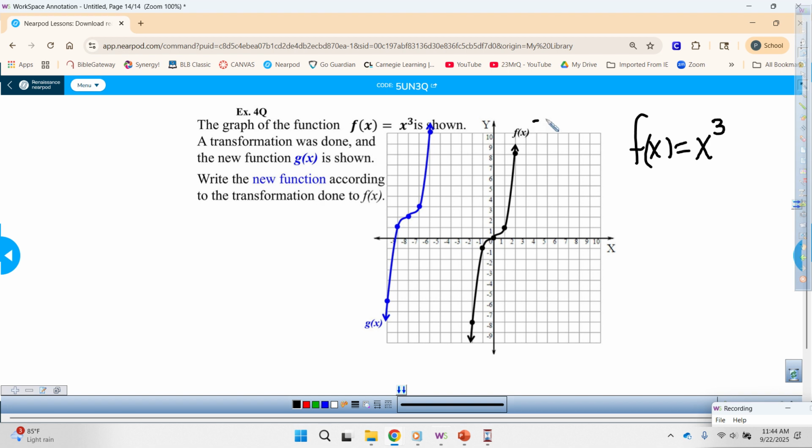Third. Yeah, that's our parent function. But now we need to write it for this one. So follow the vertex of the original to get to that. Tell your neighbor, what do we do to get to the new vertex?